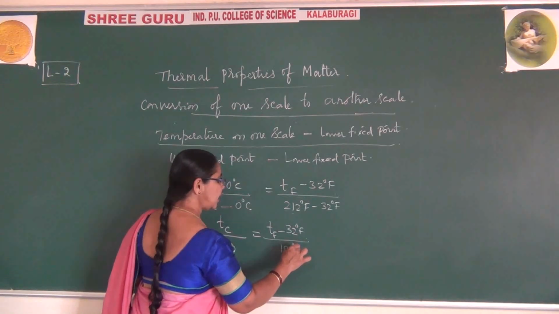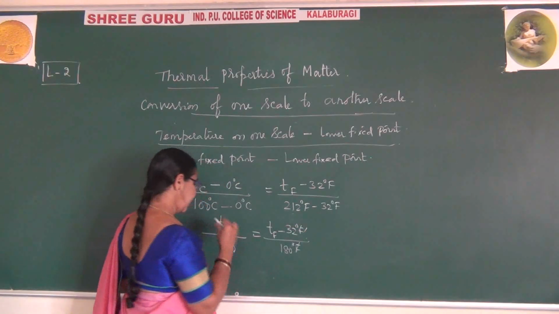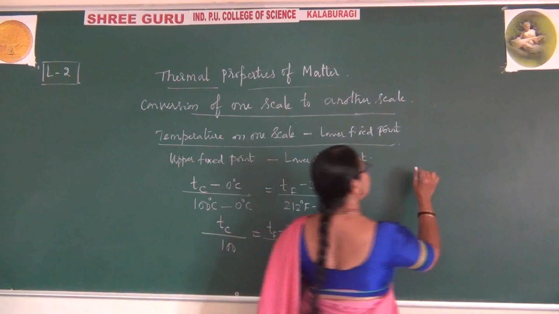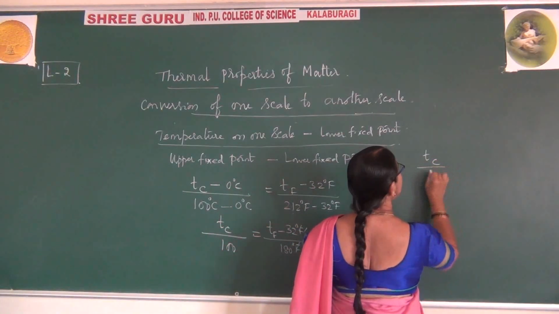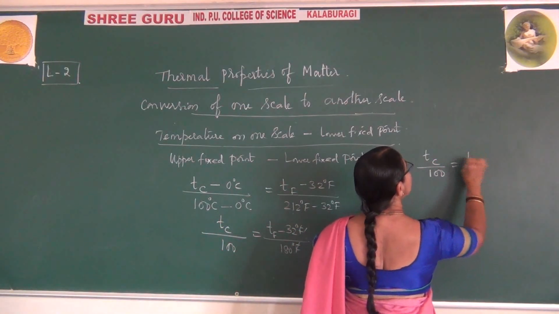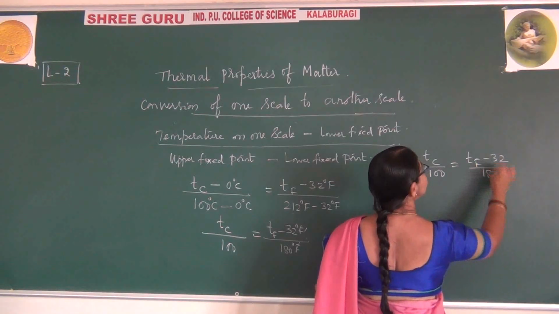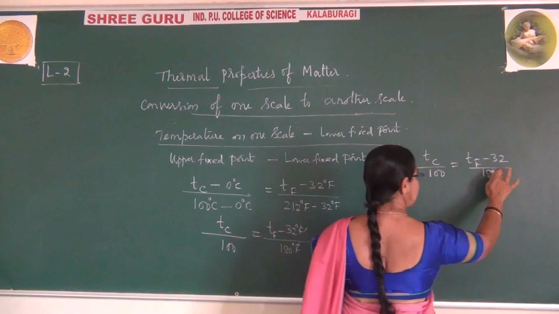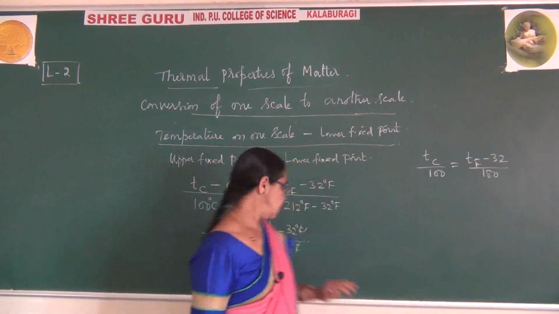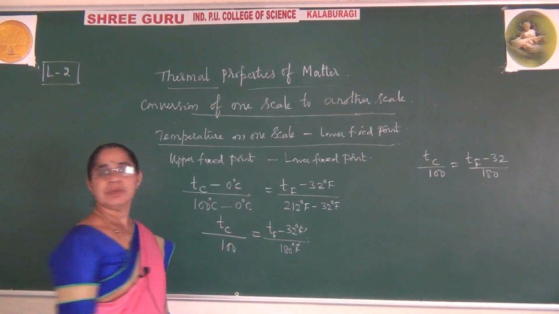So this degree Fahrenheit cancels. So you are ready to write T subscript C by 100 is equal to Tf minus 32 by 180. Right? This is how we have written it now.